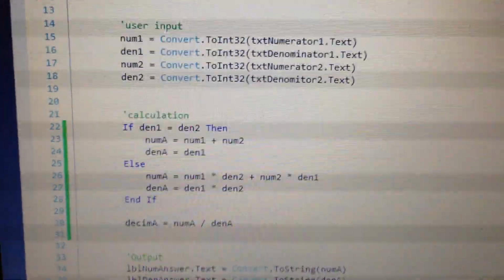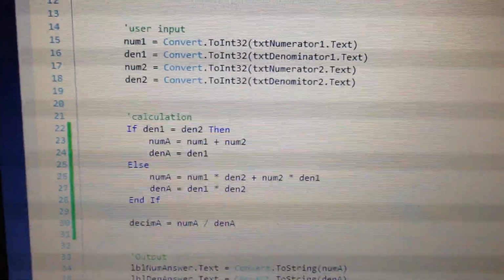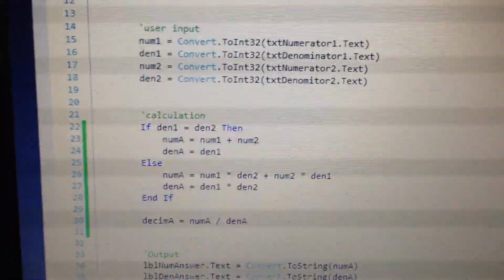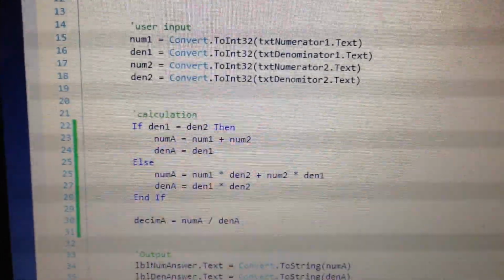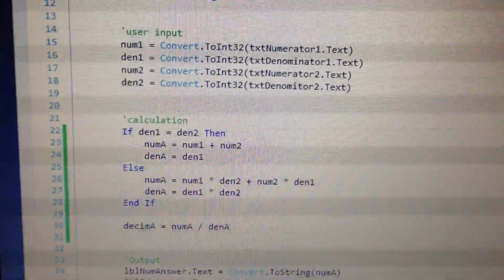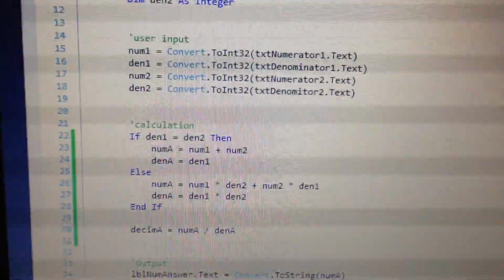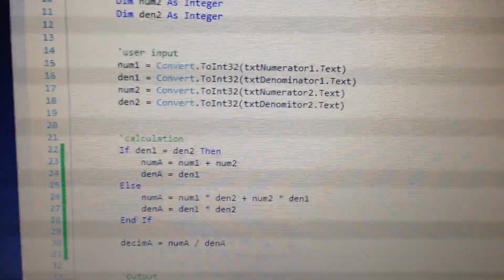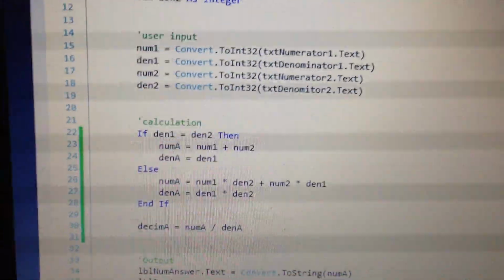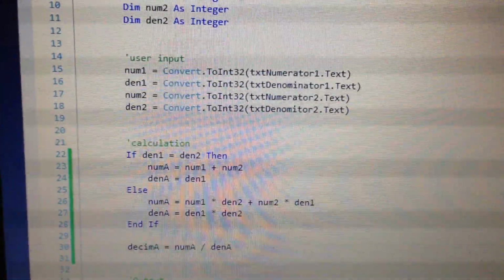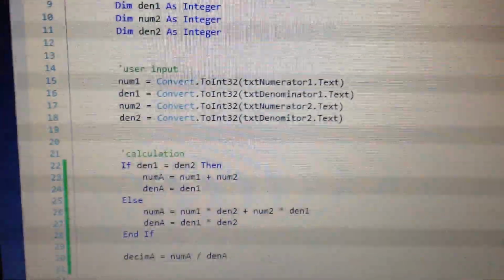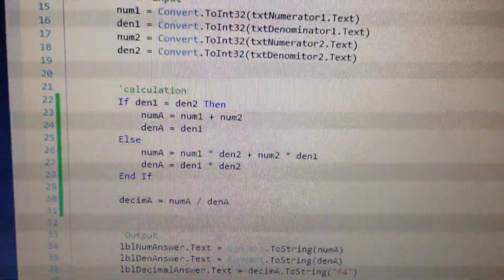So here, if den1 is equal to den2, then numA, which is the numerator answer in fraction form, is equal to num1 plus num2. DenA, which is the denominator of the answer in the fraction form, will simply equal den1. Again, it could also equal den2 as they are both the same. Doesn't matter.